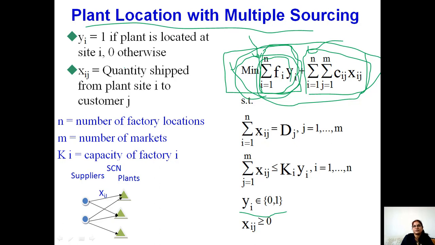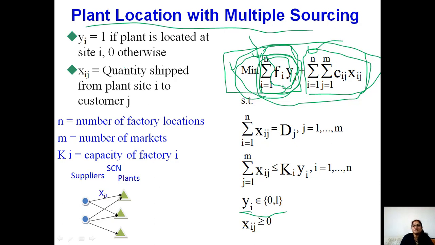Suppose i is 1 and the first plant is closed down, then yi will take the value 0. So if yi is 0 for the first plant, these values are 0, meaning no fixed cost of the first plant should be considered because it is closed down. Fixed cost comes into picture only if the facility is running.